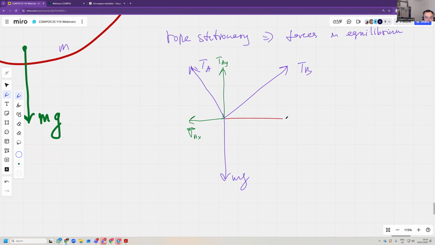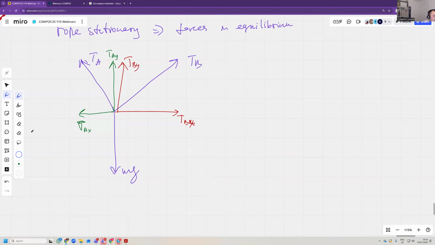And for this part also, TBX and TBY. And now we can write down two expressions. TAY plus TBY must equal mg. And on the other hand, TAX must equal TBX. So the horizontal forces must equal each other.